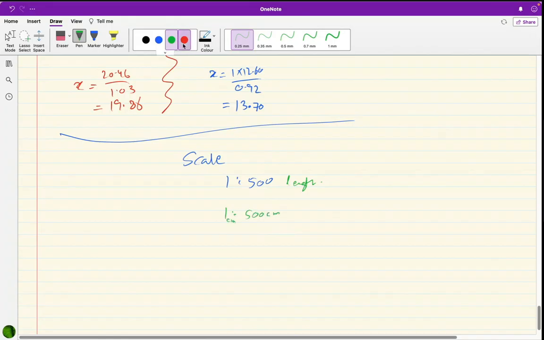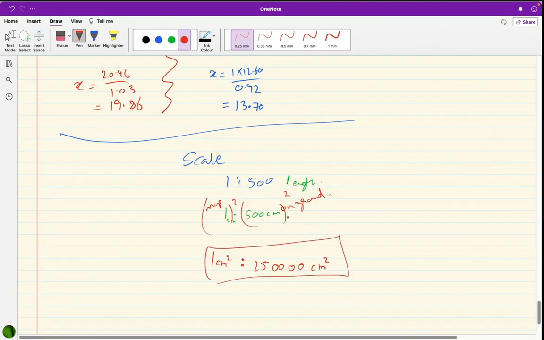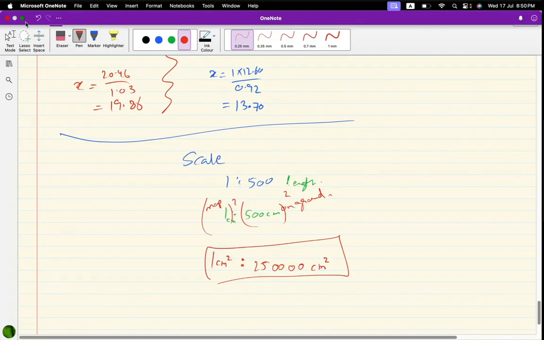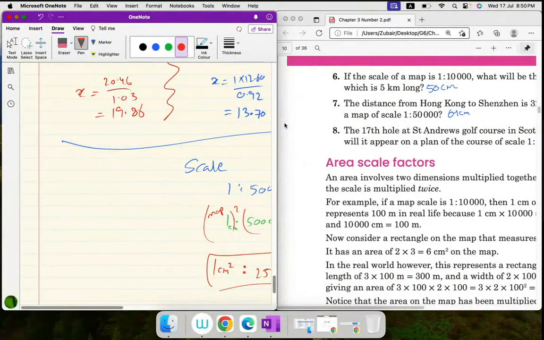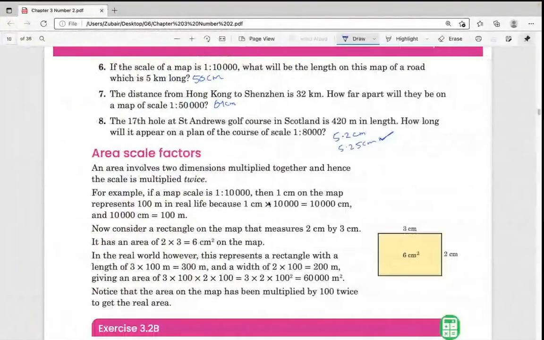The small one is for the map, and this is on the ground. For area, we take the square on both sides. So this is 1 centimeter square on map, which would represent 5 square, which is 25, two zeros become 4 zeros, centimeter square. This is the only change. Sometimes you will be given direct scale for area. If not, this is the way you convert them. And if it would have been volume, we would be taking the cube.